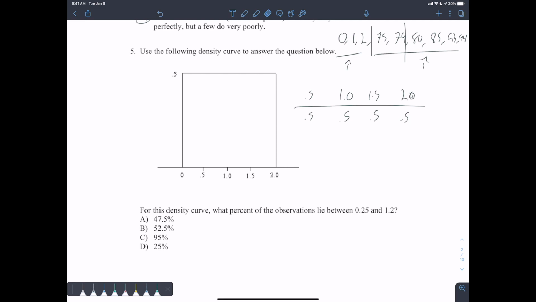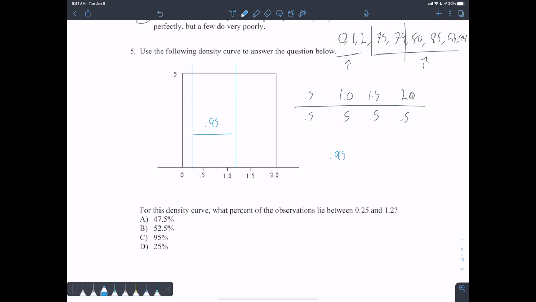For the purpose of this question, what percent of the observations lie between 0.25 and 1.2? So what percent lie between this point and here somewhere, right? You can just find the distance between them, which is going to be 1.2 minus 0.25, which is 0.95 out of the total.